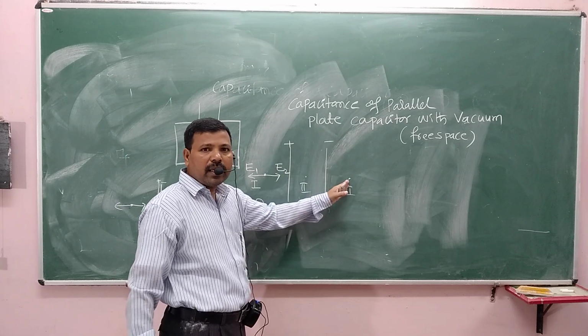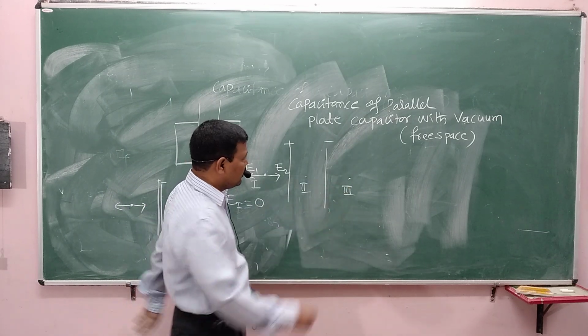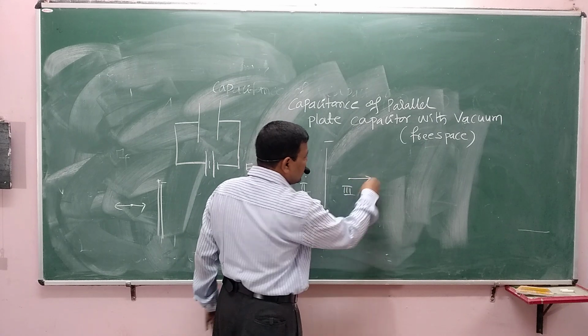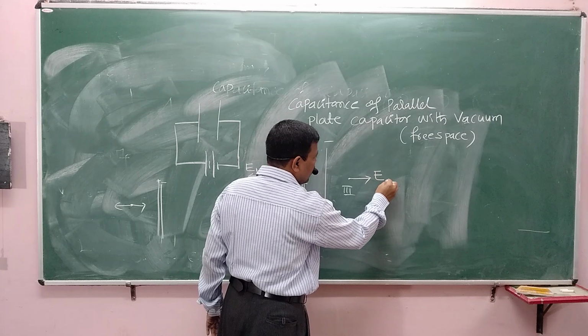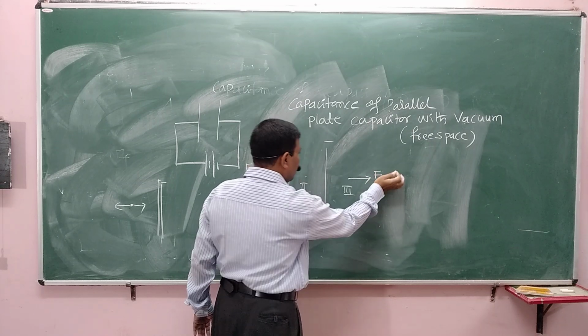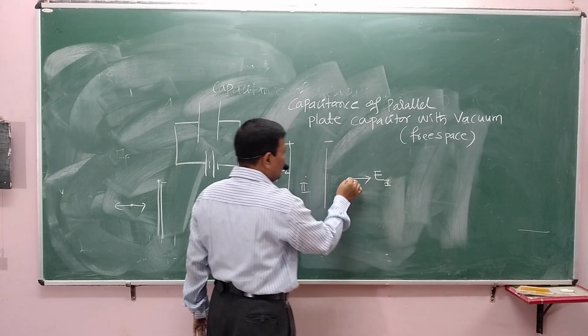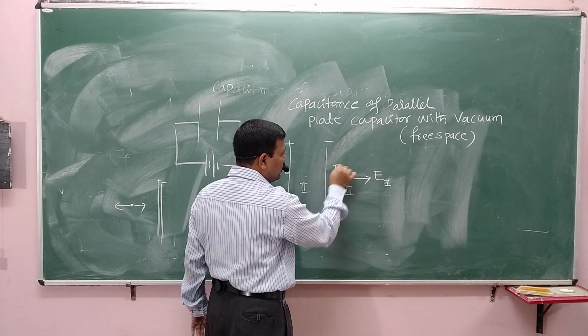Let us calculate the electric field in the third region. Here, this is electric field due to positive. This is electric field due to negative.